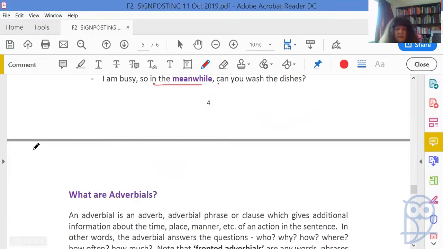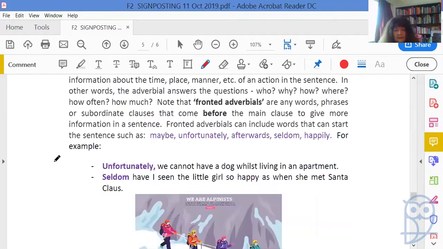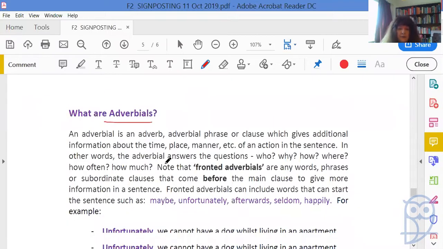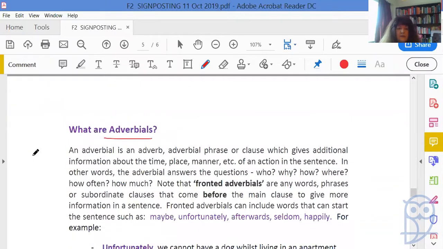Let's see if we've got time. Yes, we do. Remember, they might ask you to put in an adverbial or identify an adverbial, which is just another word for an adverbial clause or adverb. An adverbial is an adverb, adverbial phrase or clause which gives additional information about time, place, manner, etc. of an action in the sentence.